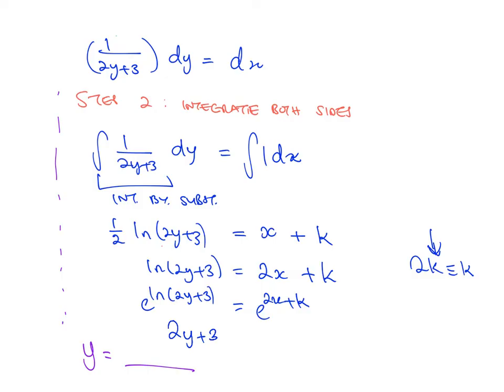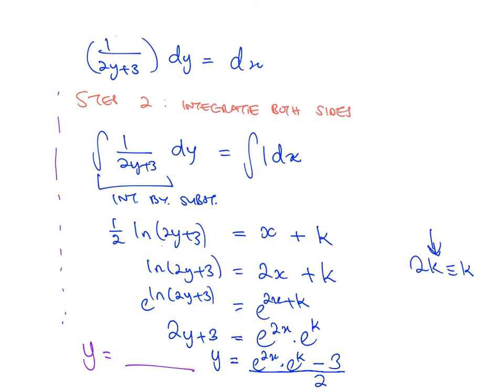And on the right-hand side, by the rule of exponents, I can split that exponent, and it becomes e to the 2x multiplied by e to the k. And then at this stage, I can make y the subject by saying y should equal e to the 2x multiplied by e to the k, minus 3, and all of that is divided by 2.